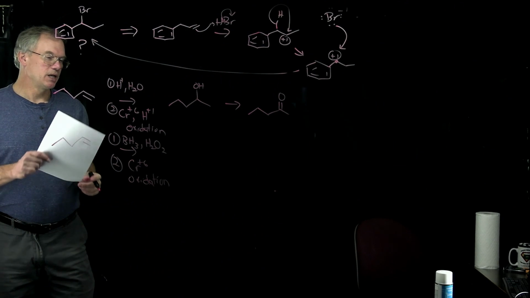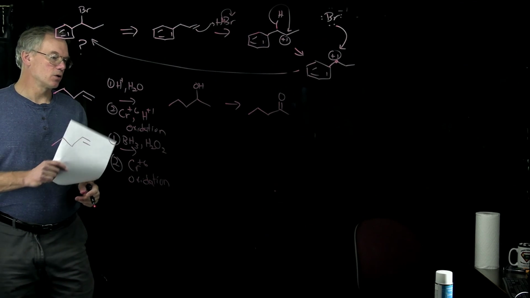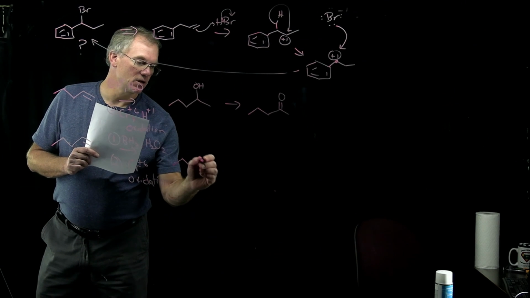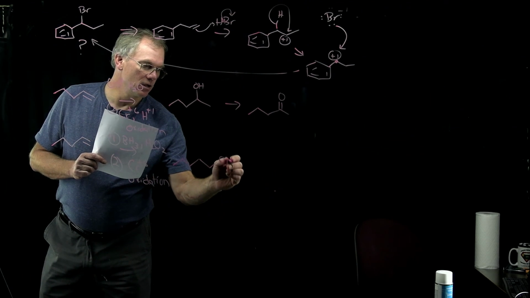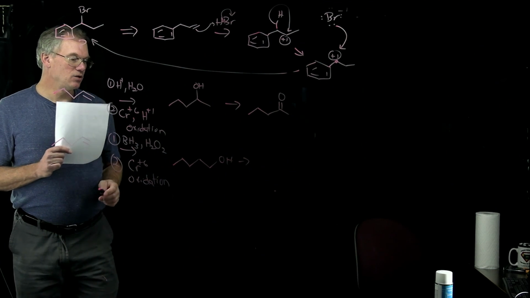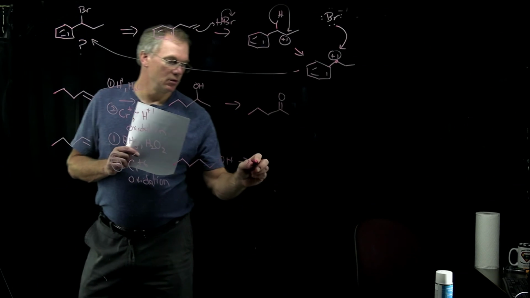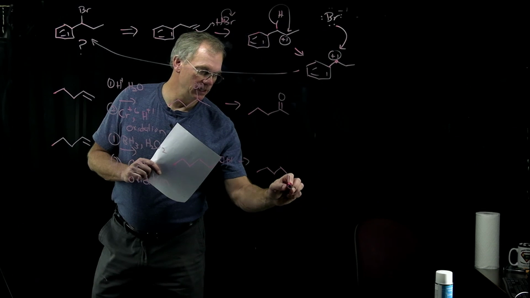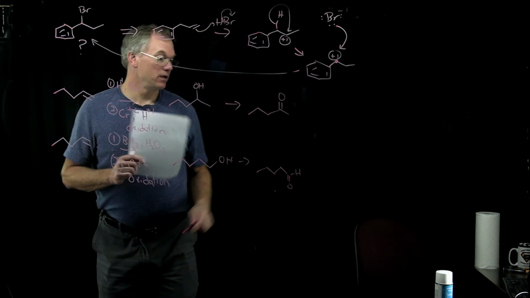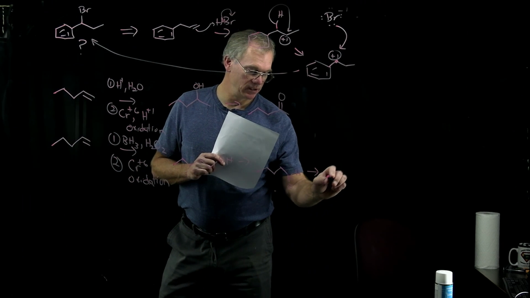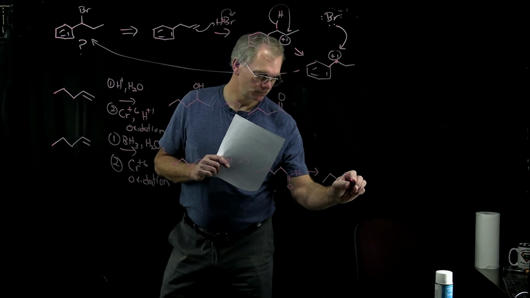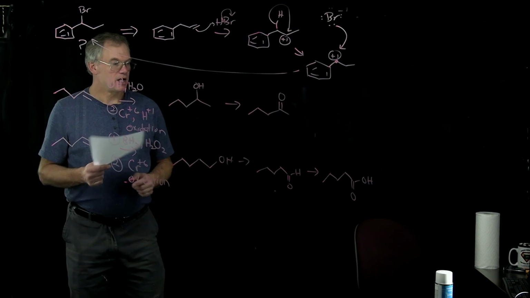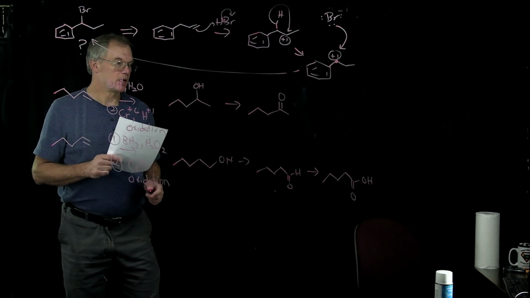In the second one, beginning with the same alkene, hydroboration oxidation would produce the anti-Markovnikov alcohol, and then oxidation with the chromium reagent would likely give initially an aldehyde, which would likely become more highly oxidized into that carboxylic acid.